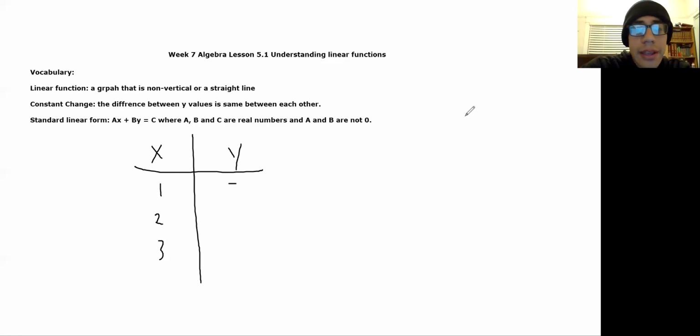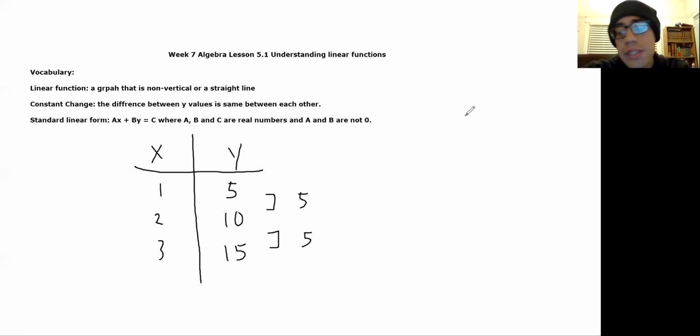So let's say this is 5, this is 10, and this is 15. There is a difference of 5 between each of the previous numbers. That's what it means to have a constant change.